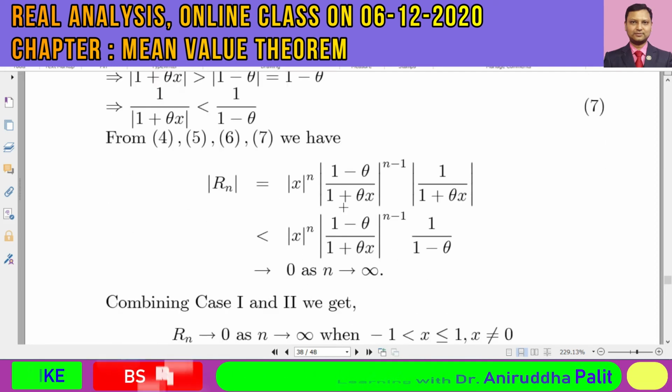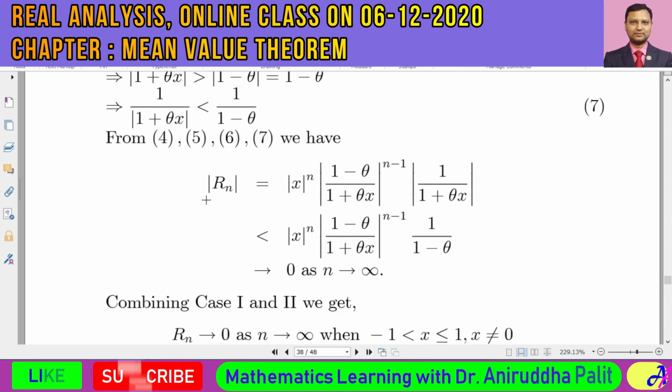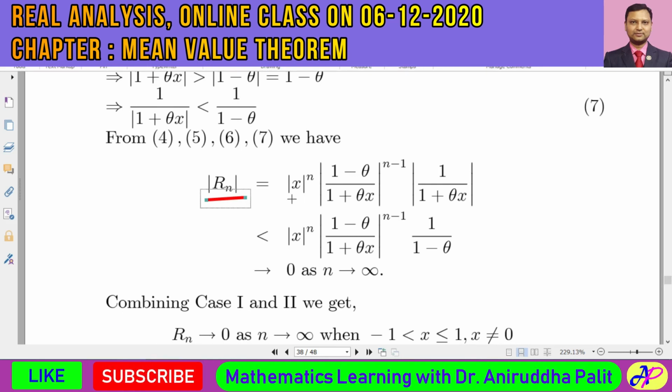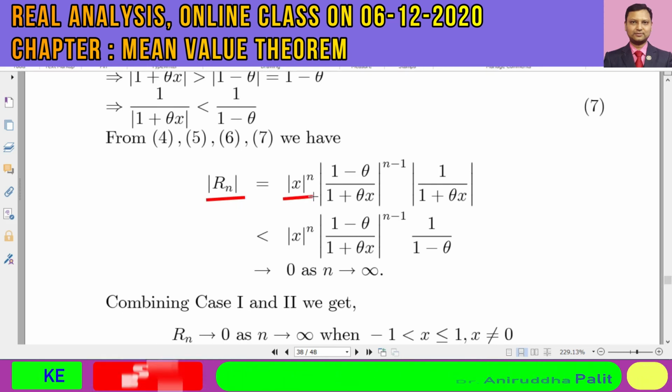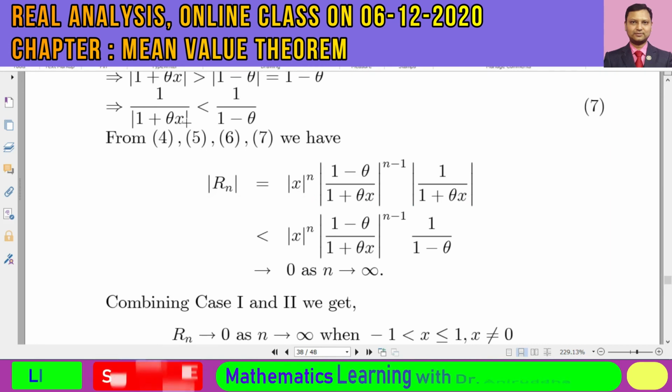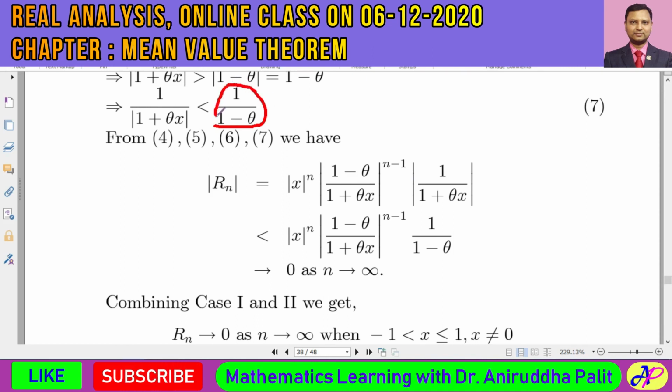So we have modulus of Rn equal to this expression multiplied by this kind of modulus multiplied by this kind of modulus, and we already proved that the modulus of this last term is less than 1 by 1 minus theta.